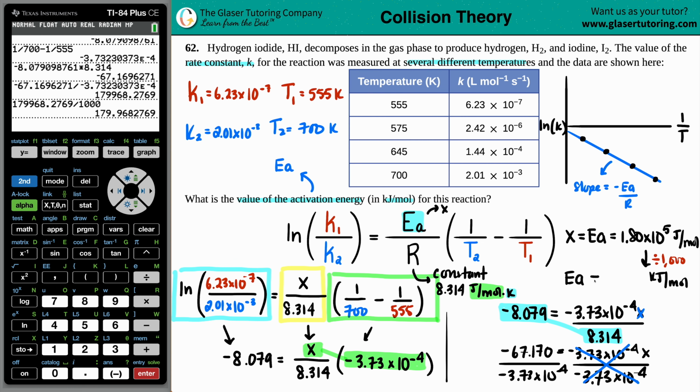So your EA equals 180 kilojoules per mole, and that's it. If you wanted the 3 sig figs, you would have to put a decimal after the 180. If I don't leave the decimal, that's just the 2 sig figs. But yeah, nobody cares about sig figs. 180, that's fine with me.